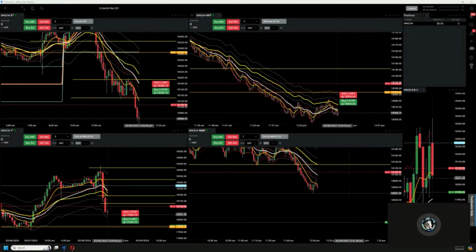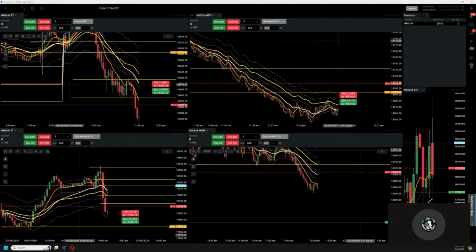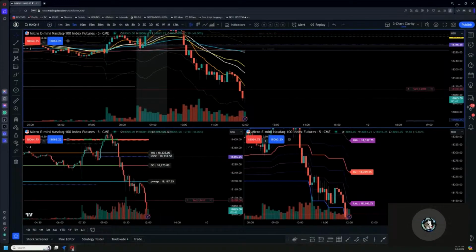Well, I need to get this set up so I can dump my BNBs. Move that to the exchange. Let's look at that chart actually, see what we want to do with this.